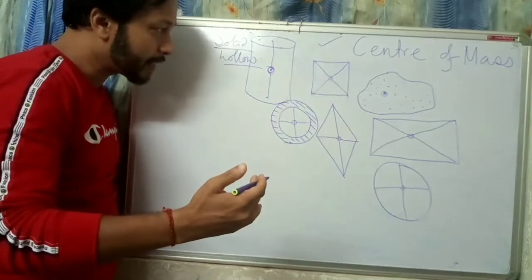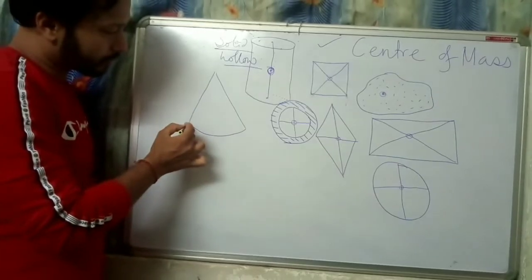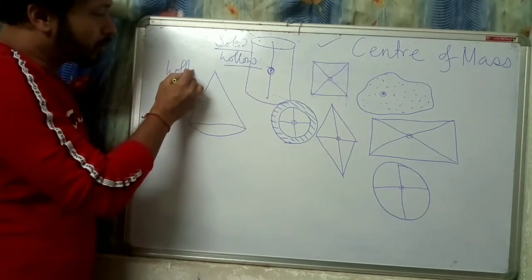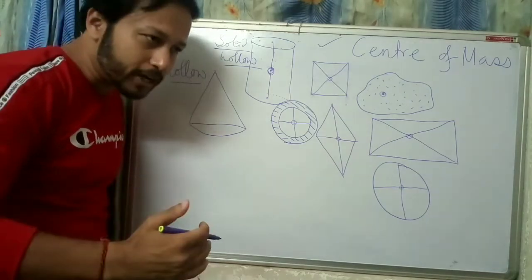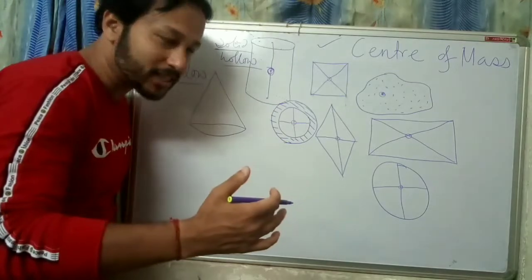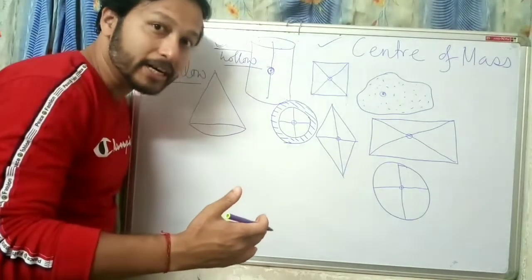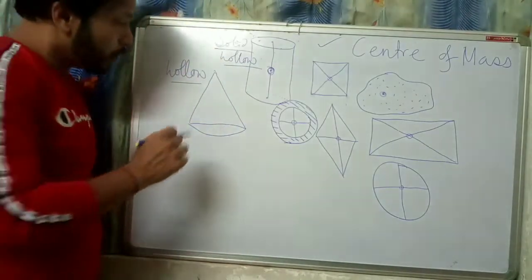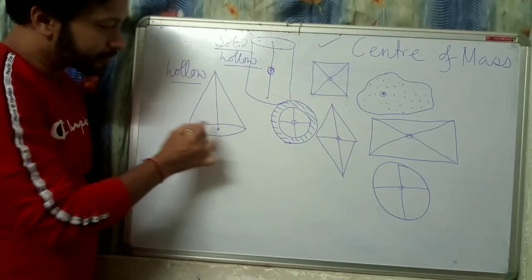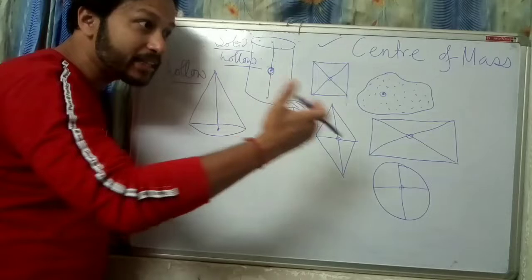Now for a cone. Say it's a hollow cone, because for a solid and for a hollow cone, the center of mass is different. For a hollow cone, again we take the height, and the total height will be divided by 3.